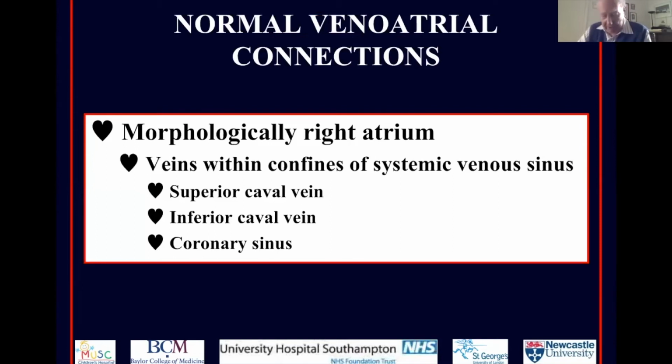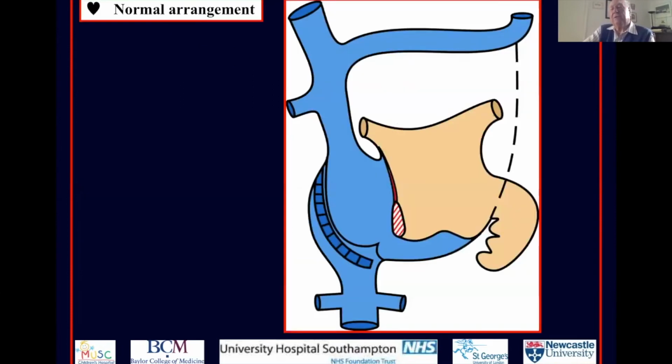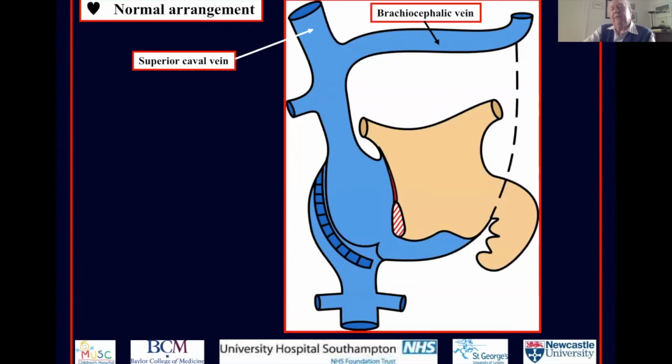So once you know that you're dealing with a morphologically right atrium, you can then look for the veins that should be opening within the confines of the systemic venous sinus. And you'll now be aware that we should be finding superior and inferior caval veins along with the coronary sinus. So if I represent this normal arrangement to you in diagrammatic fashion, there you see the superior caval vein.